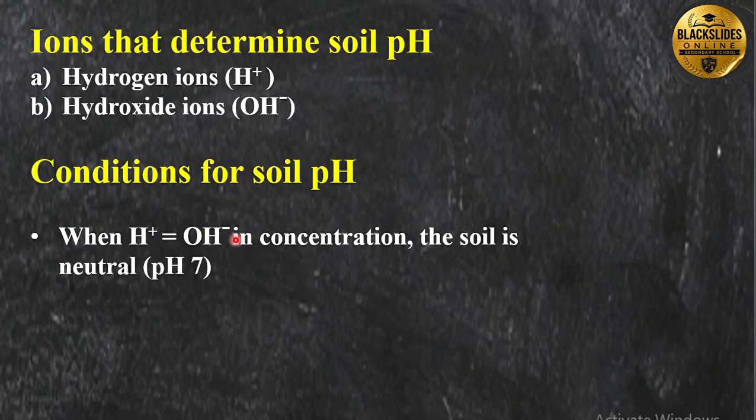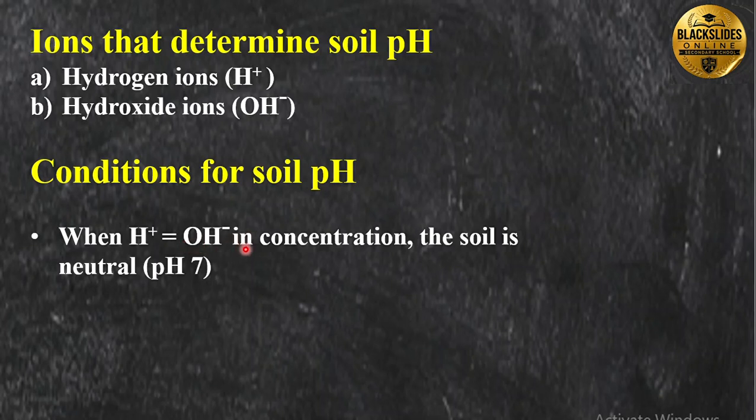If there is a soil like that, then such a soil is considered to be neutral. In terms of pH, such a soil has a pH of 7. A neutral solution has a pH of 7. So it exists when the number of hydrogen ions is equal to the number of hydroxide ions.